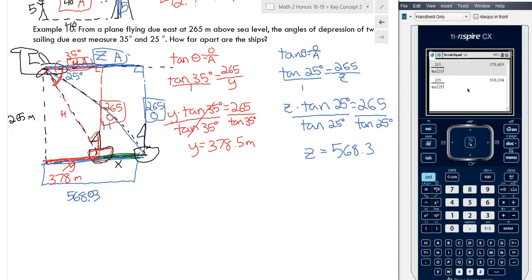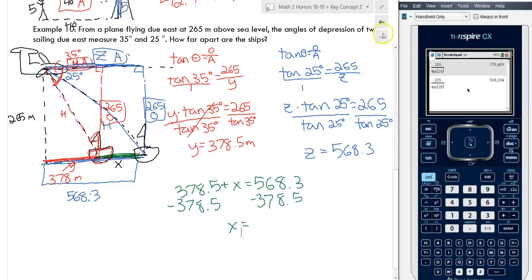Well, if you look, the red plus the green is going to equal 568, so you could just write it that way: 378.5 plus x is 568.3, and then I'm just subtracting. 568.3 minus 378.5. We get 189.8.